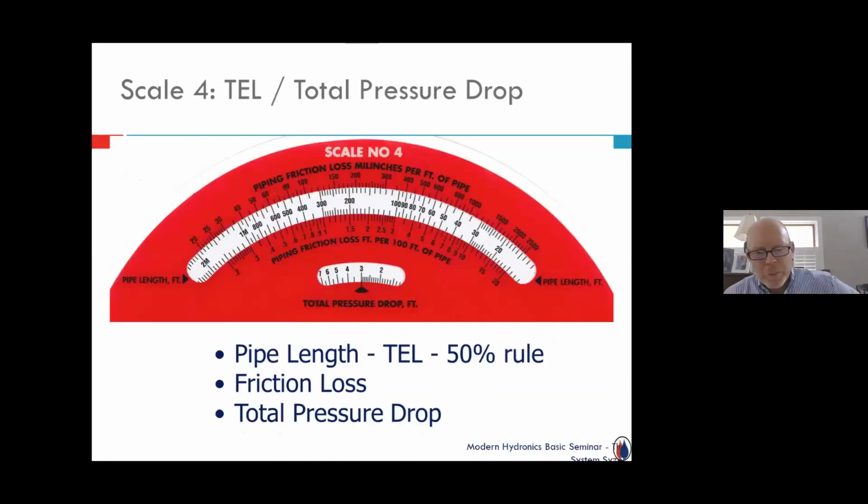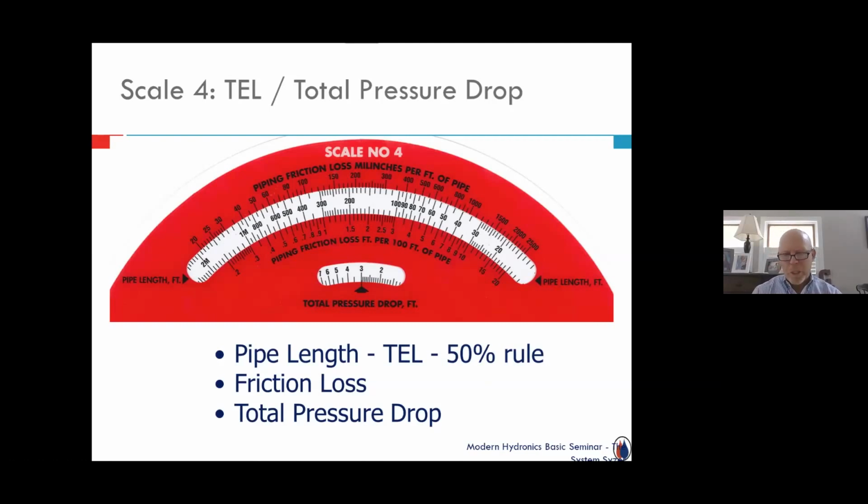A rule of thumb that's been used for a long time and is usually pretty effective: instead of trying to find all of the tees and the elbows and all of the valves in that network, they'll say, whatever your straight run is, add 50%, multiply it by 1.5, and that will become your new TEL. And then you can use that to establish the total pressure drop within the system.